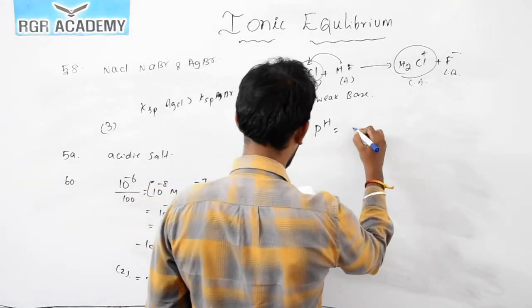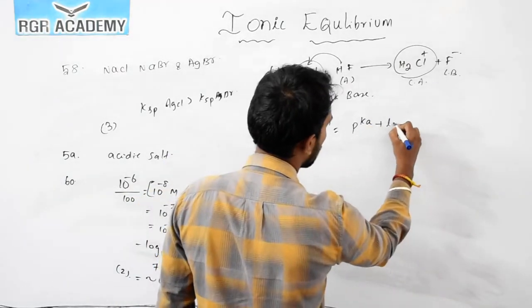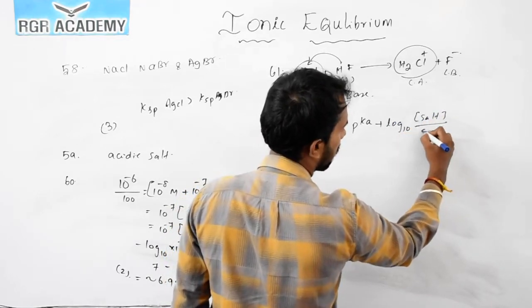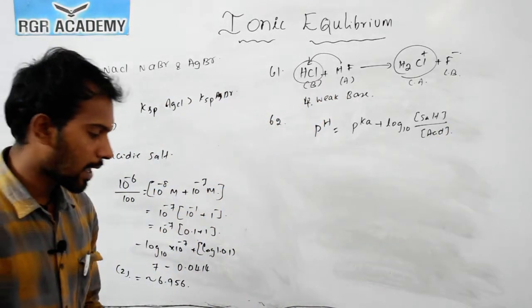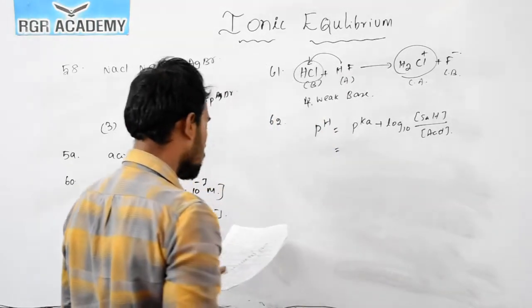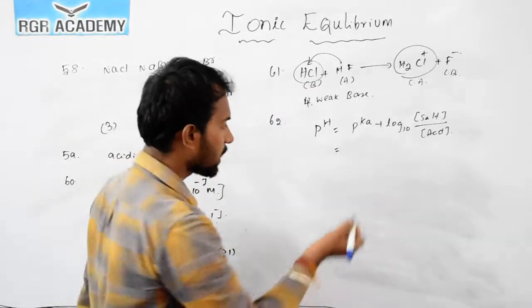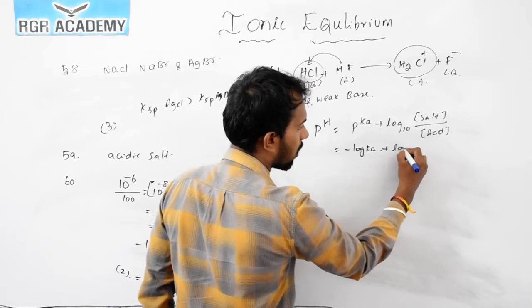According to the Henderson-Hasselbalch equation, pH equals pKa plus log to the base 10 of concentration of salt by concentration of acid, right? So what's the value of pKa? The pKa is minus log Ka, right? What's the value of Ka?